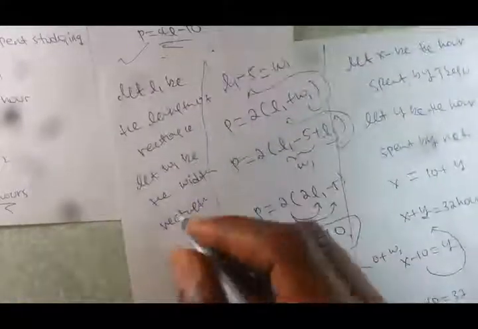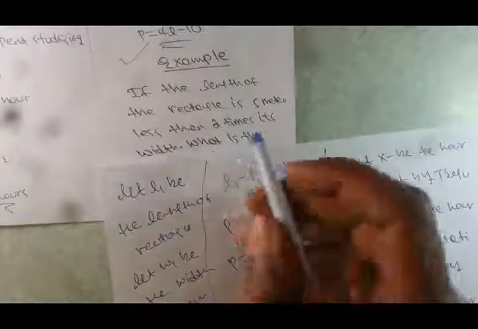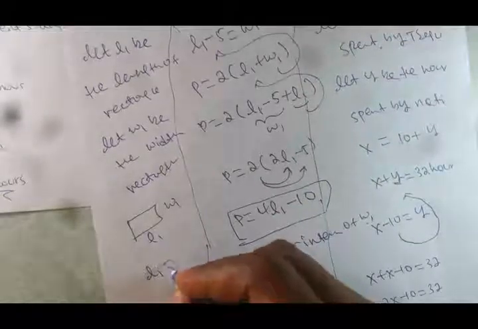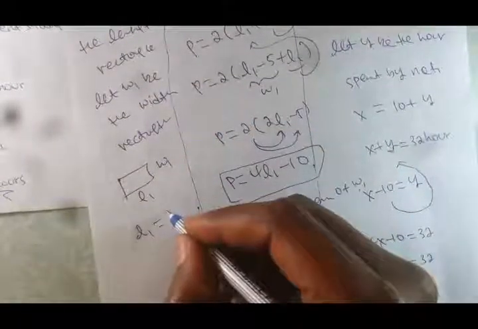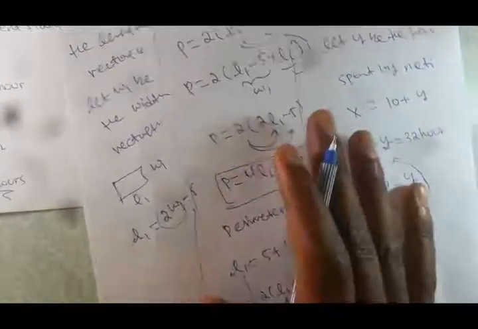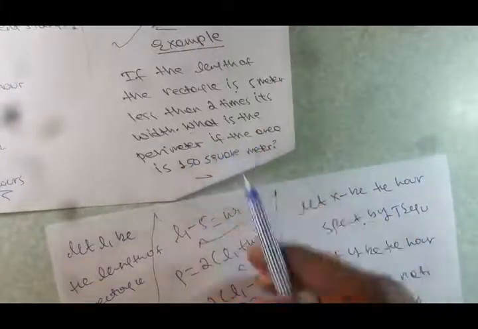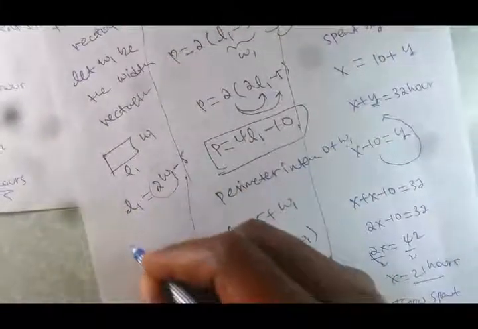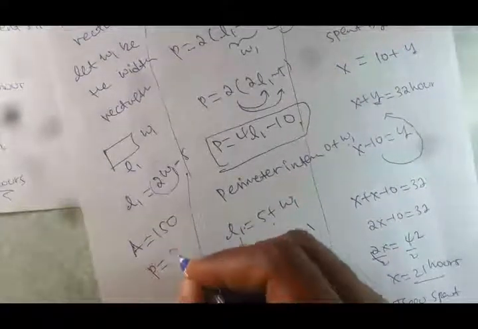When we draw the diagram, this is L1, this is W1. It was given that L1 is 5 meters less than 2 times its width. That means L1 is 2 times W1 minus 5; 5 is subtracted from 2 times W1. And what is the perimeter if the area is given? The area is 115, and we are asked to find the perimeter.